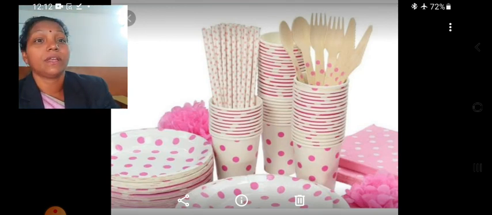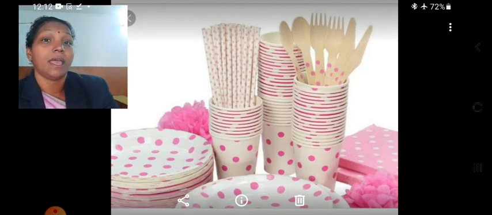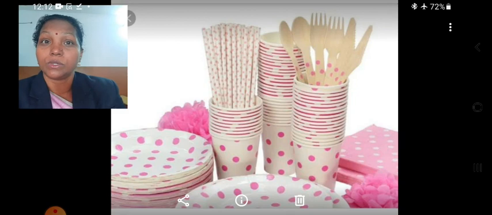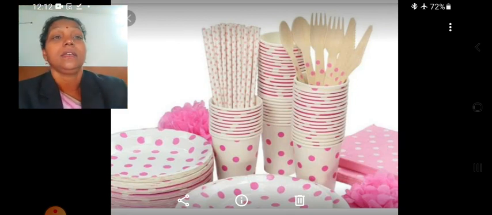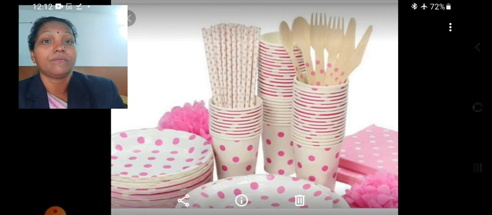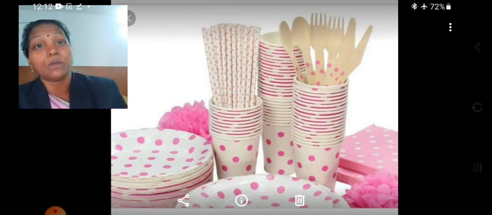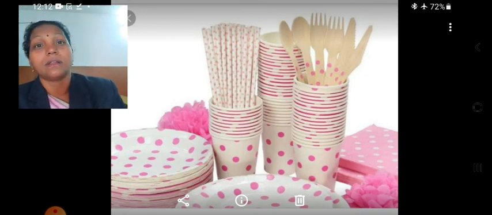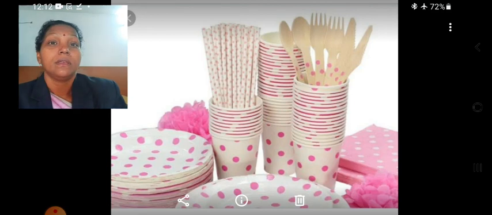We can use different articles made up of jute, paper, coconut and areca nut leaf modifications in our houses. The leftover food and peels of vegetables and fruits can be put into a compost pit and changed into vermicompost or normal compost. That is another important method of reducing the problem of domestic waste.